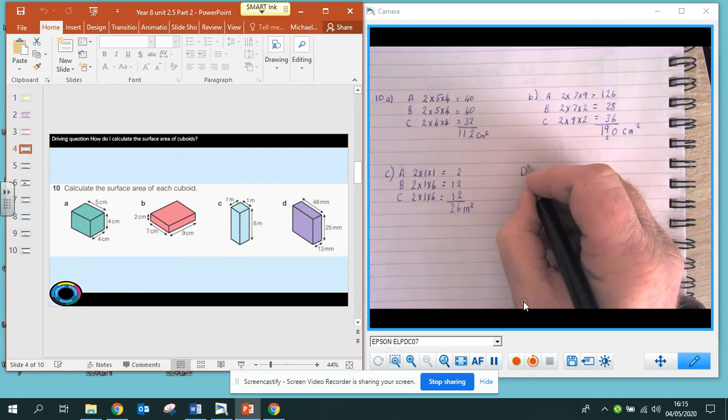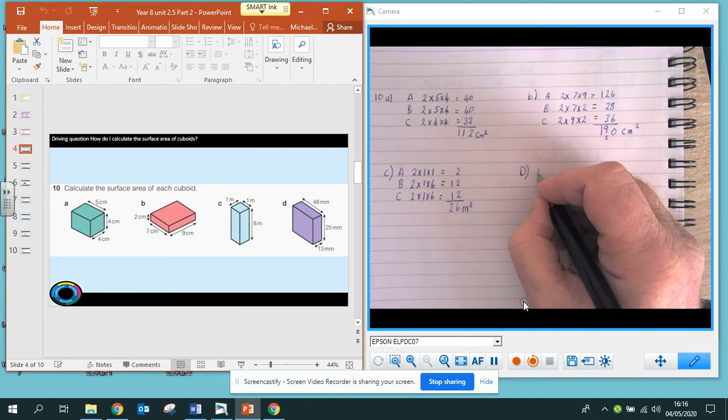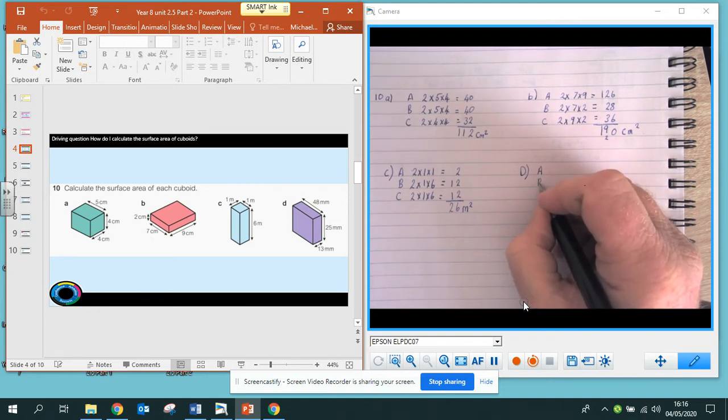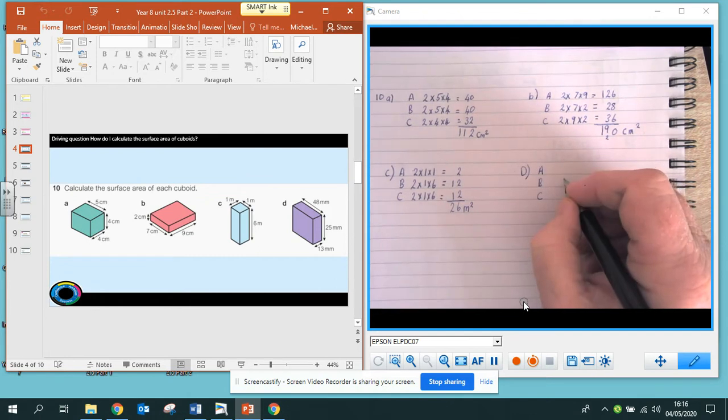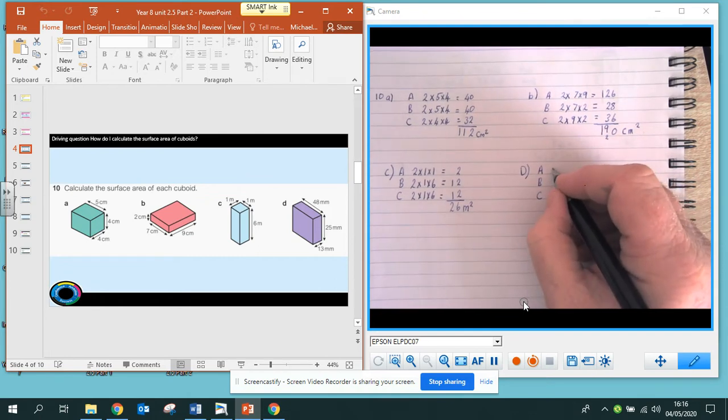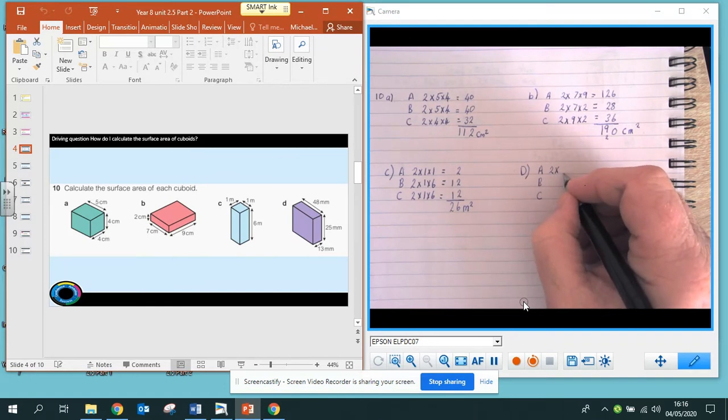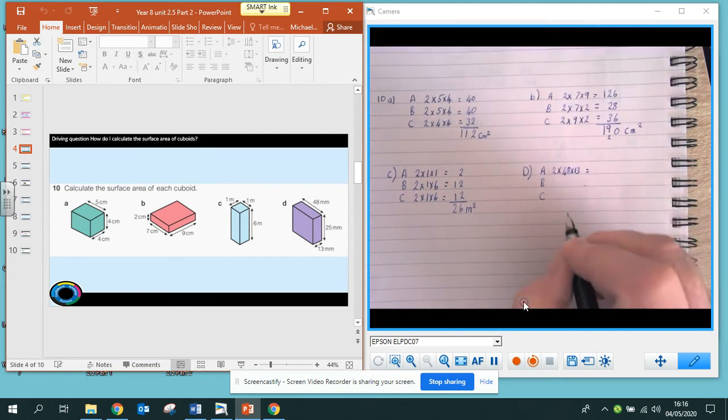So on to the last one, question D. Again, 3 pairs of sides, A, B, and C. Looking down on it, my plan is two sides, top and bottom, times 48 times 13. Told you I needed the calculator.